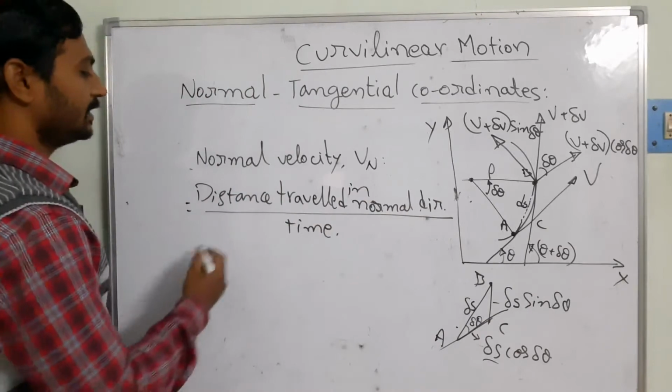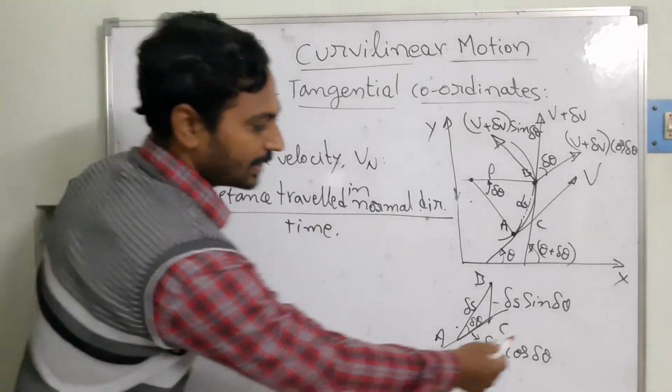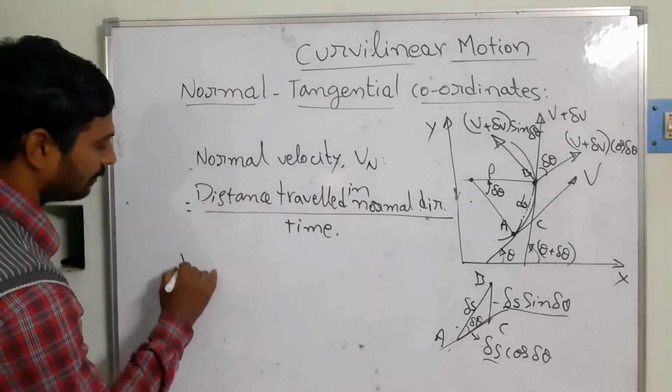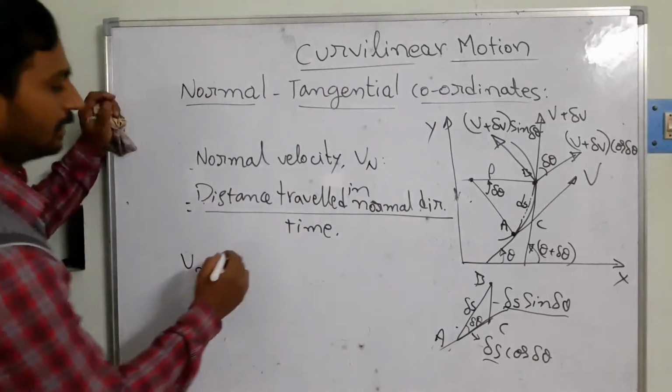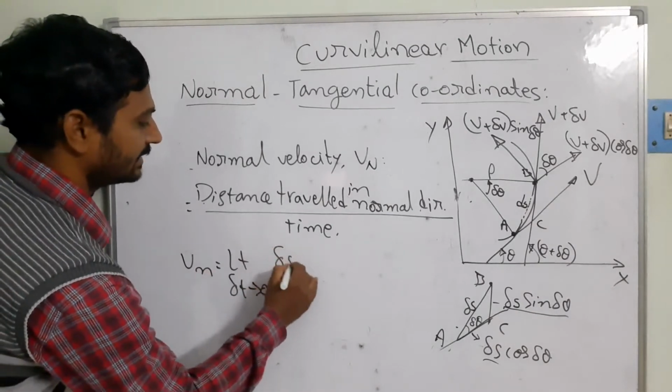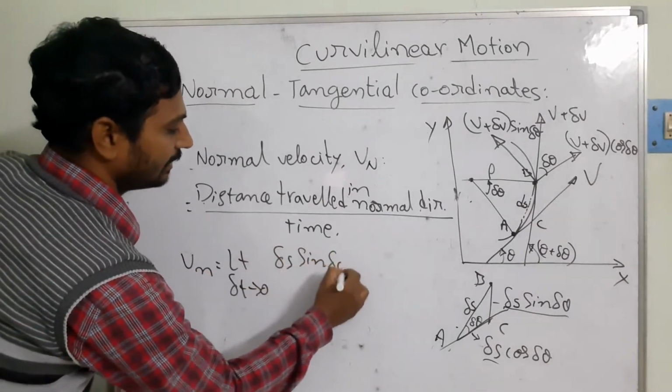In this case, the distance traveled from this one is del S sine del theta, which is your normal component. So Vn is equal to the limit del t tends to 0 of del S sine del theta divided by del t.